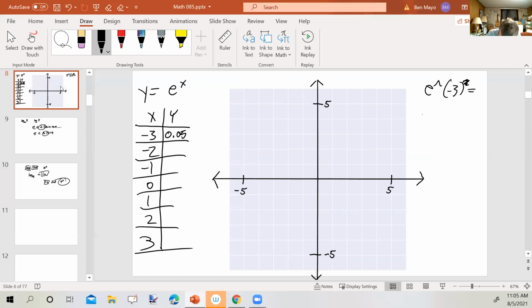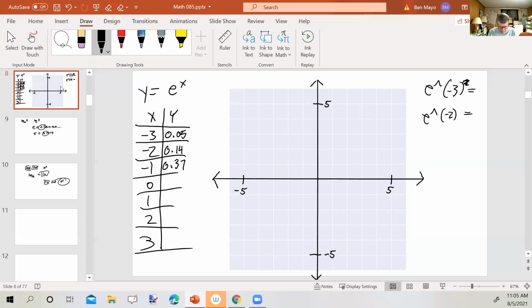All right. Next, I want e to the -2 power. So I'm going to go back up and use the same system, and I get 0.135, so that would be to the nearest hundredth, 0.14. Then e to the -1 is 0.367, so 0.37.